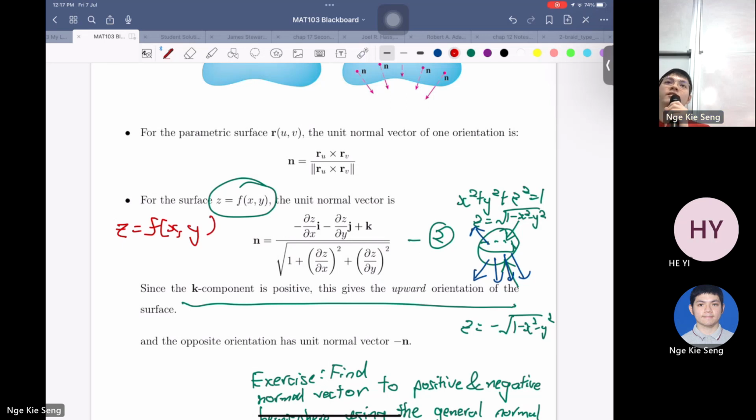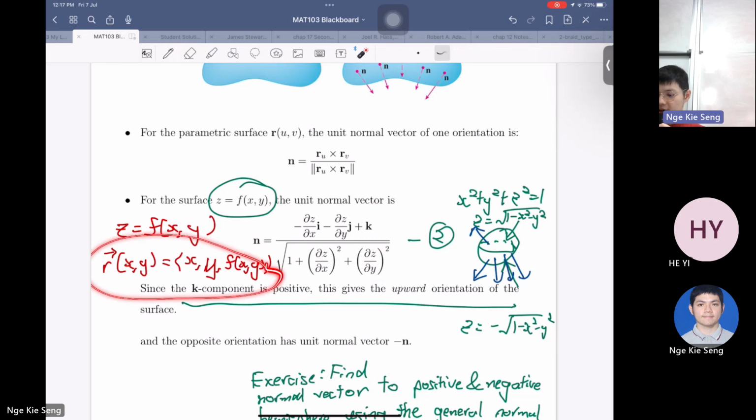Karen? x, y, and f(x,y), right? So you have this parameterized surface here, and then use the general formula. Work it out, and you should get this form.